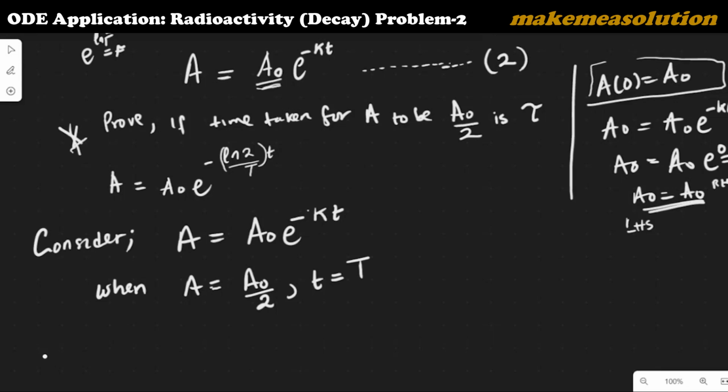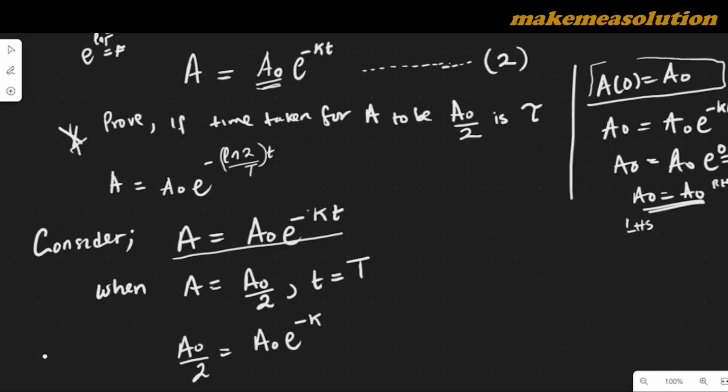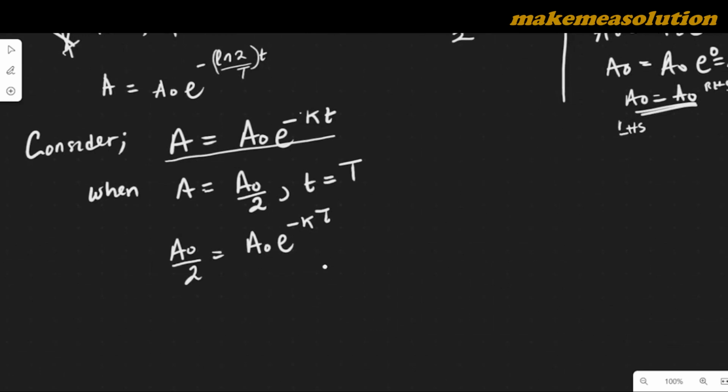So if you replace the values accordingly in this equation, what we'll be getting is a naught over 2 is equal to a naught exponential minus k, and instead of t we're going to put t, like this. So let's see what happens. This cancels out this, so I'm left with 1 over 2, 1/2 is equal to exponential minus kt.